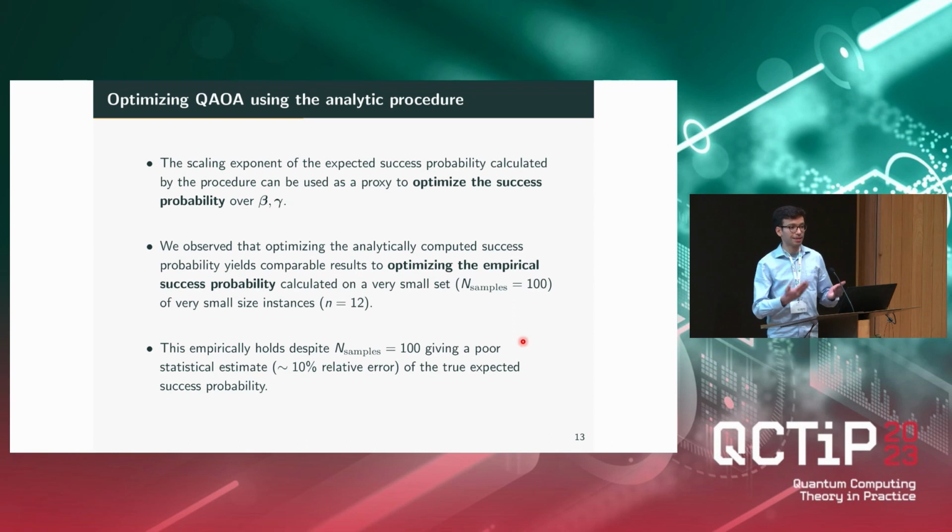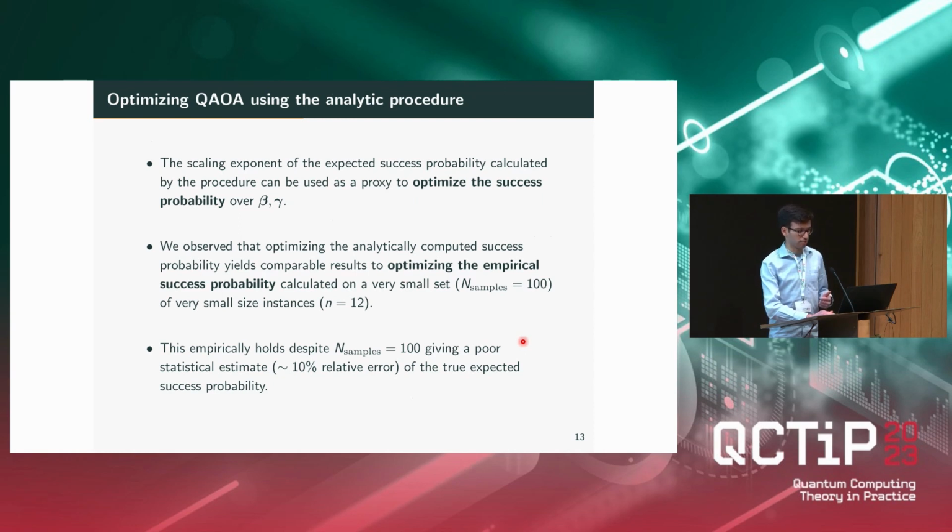And this basically gives the same result as using our analytic procedure for estimating the probability. So this was a somewhat surprising result. And it held despite the number of instances we used, 100, giving a very poor statistical estimate of the success probability. You make a 10% relative error, but you do find comparable angles as when you use the analytic procedure.